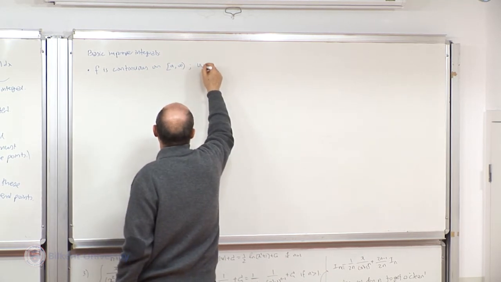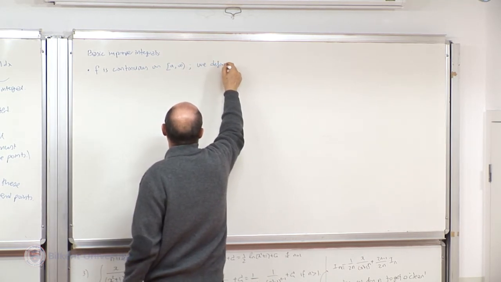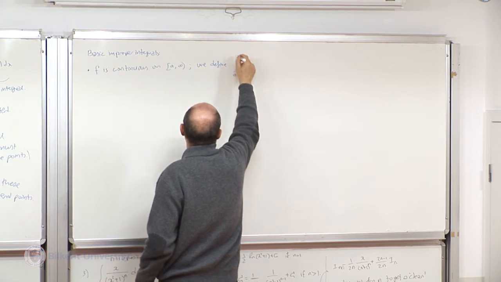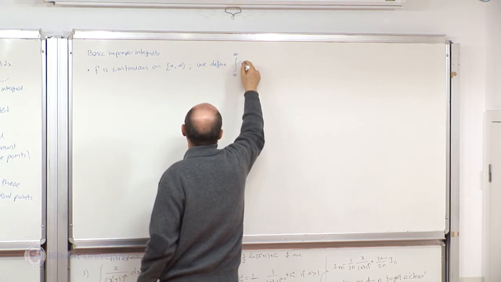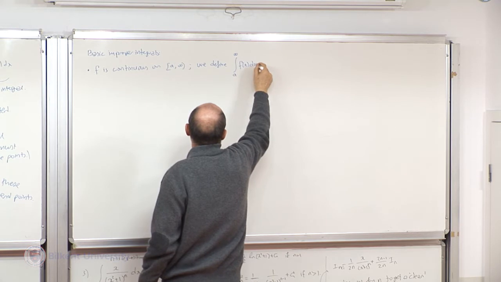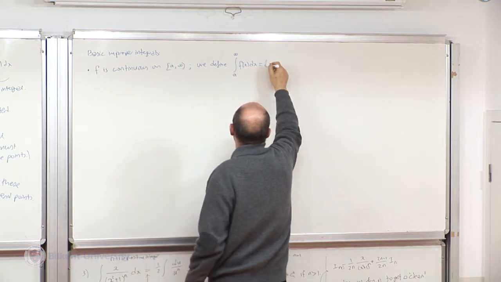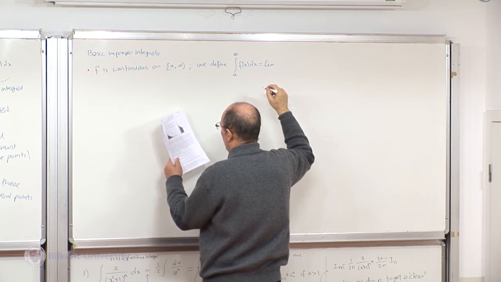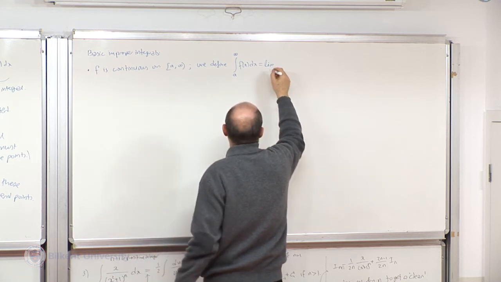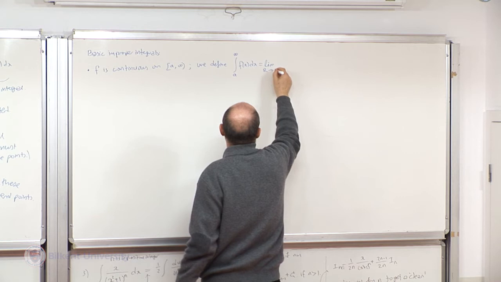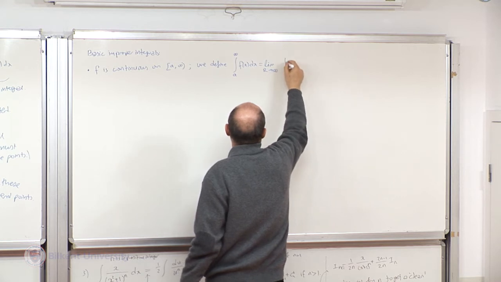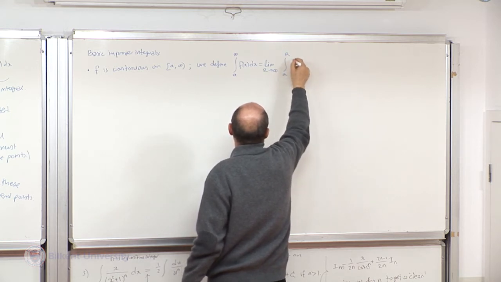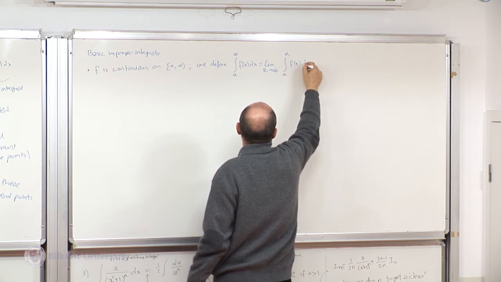We define the integral from a to infinity of f of x dx as the limit. So let me see what we are using here. Okan Hoca uses C, but I always in my life use R, so I'll write R here. Limit as R goes to infinity of the integral from a to R of f of x dx.